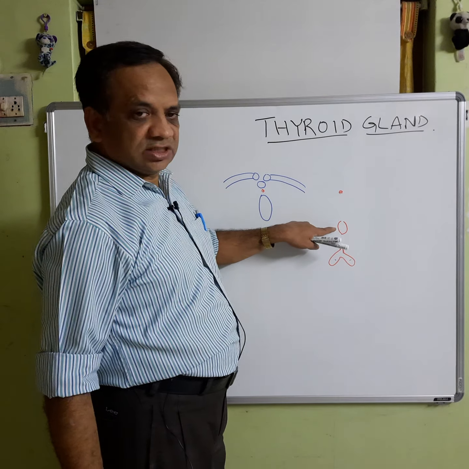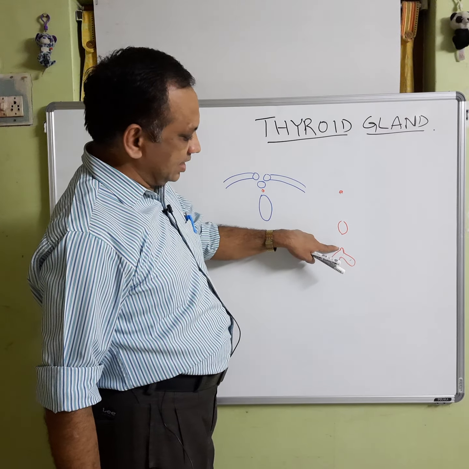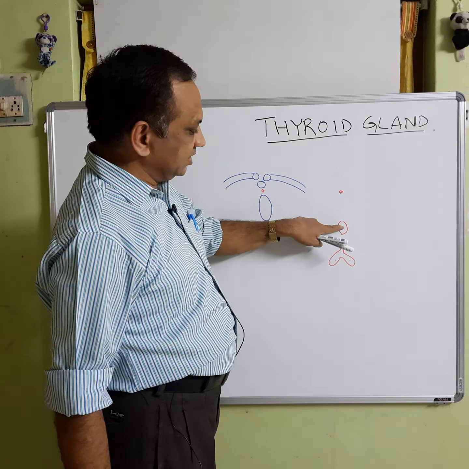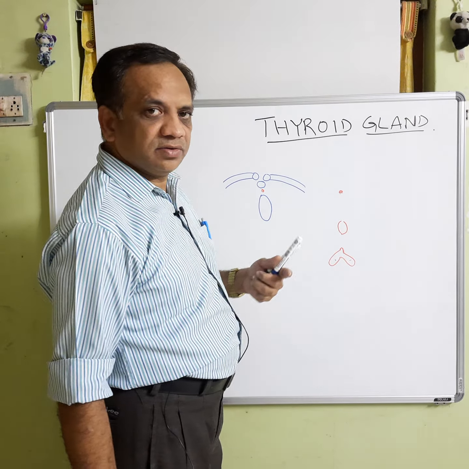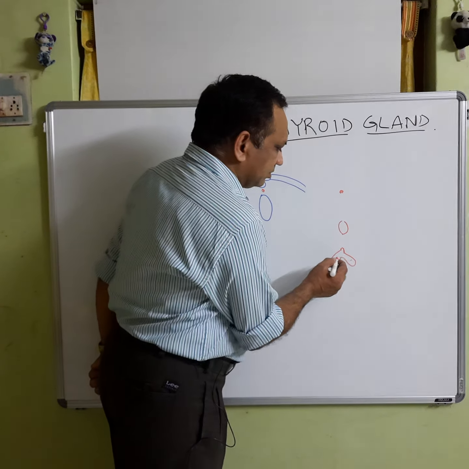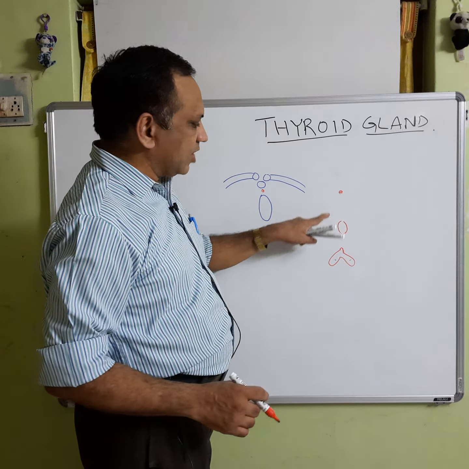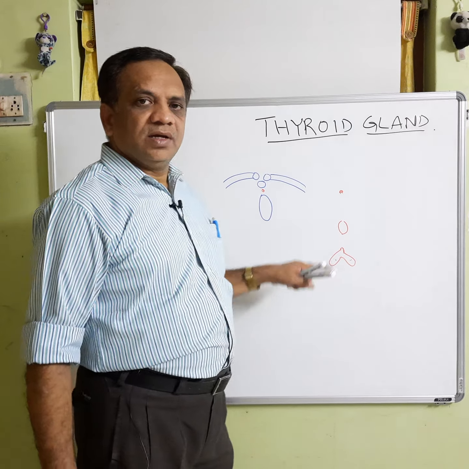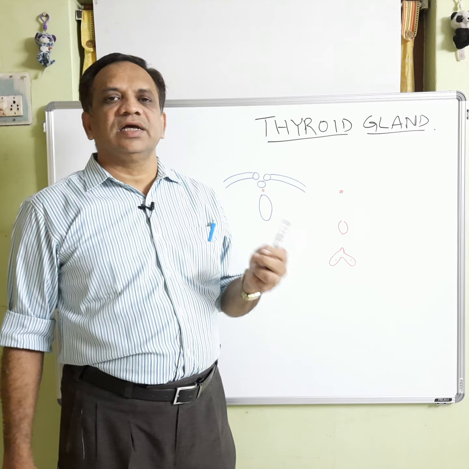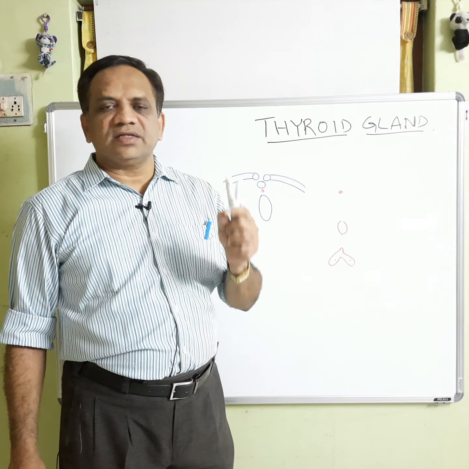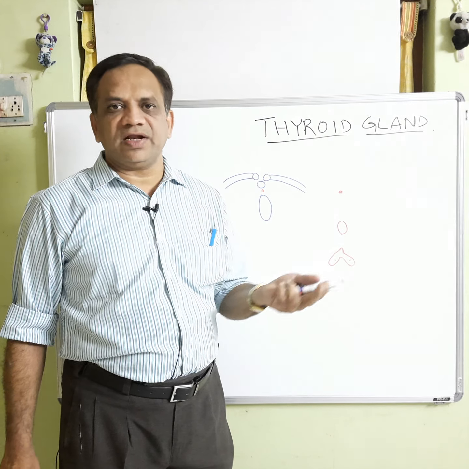So, a thyroglossal cyst may be present here or near the thyroid gland, which is attached to the hyoid bone, and it moves during deglutition. Sometimes during formation, the thyroid gland may develop somewhere else, that is ectopic thyroid gland, where the thyroid tissue is present somewhere else.